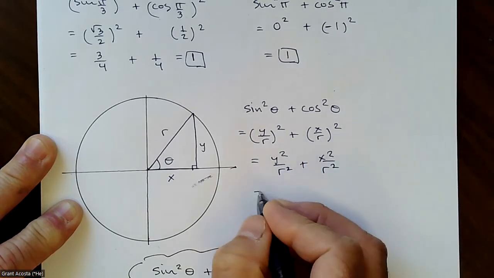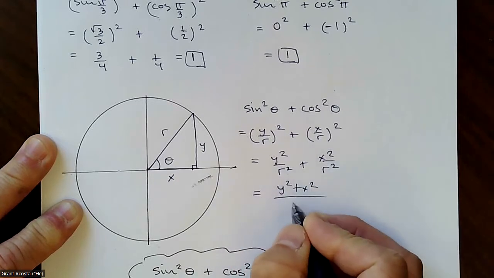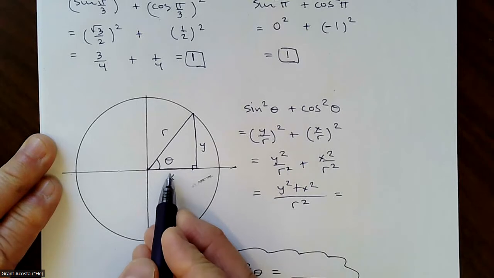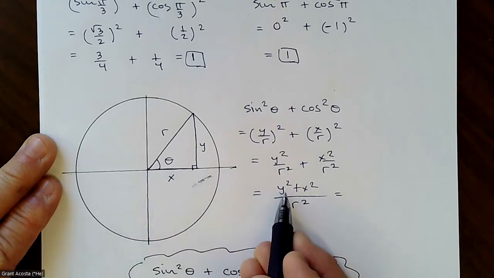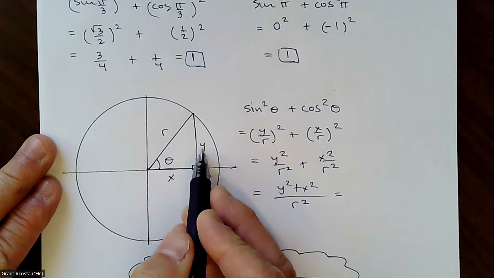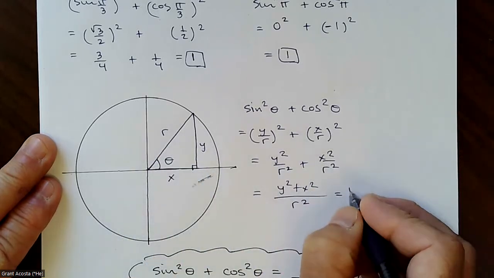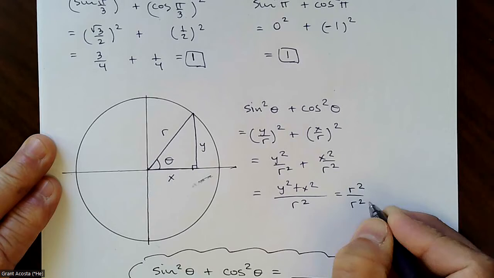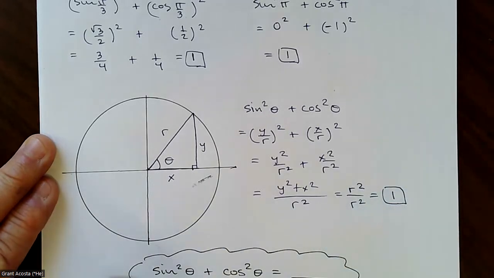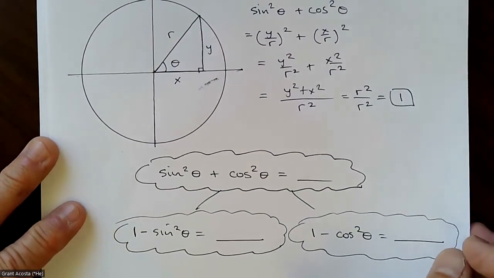I have the same denominator, so I could just write this as y squared plus x squared over r squared. But it's pretty easy to see that the numerator, y squared plus x squared, is just like the Pythagorean theorem. Y squared plus x squared should equal r squared because it's a right triangle. So that gives me r squared over r squared, which is always going to be 1. So in fact, this proves this identity.